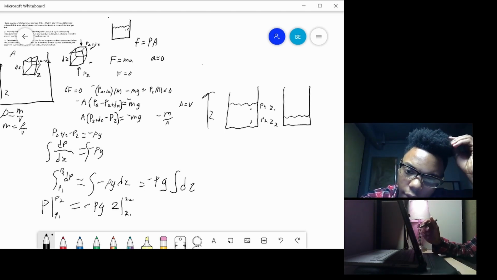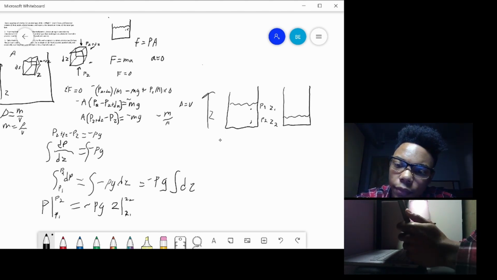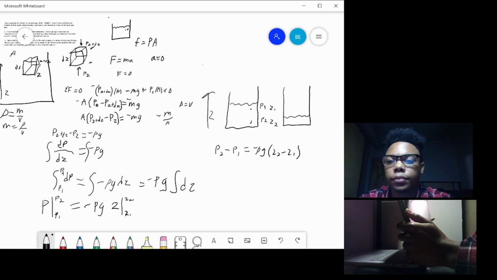Following that, we get that the pressure at 2 minus the pressure at 1 is going to be equal to negative rho g times z2 minus z1.